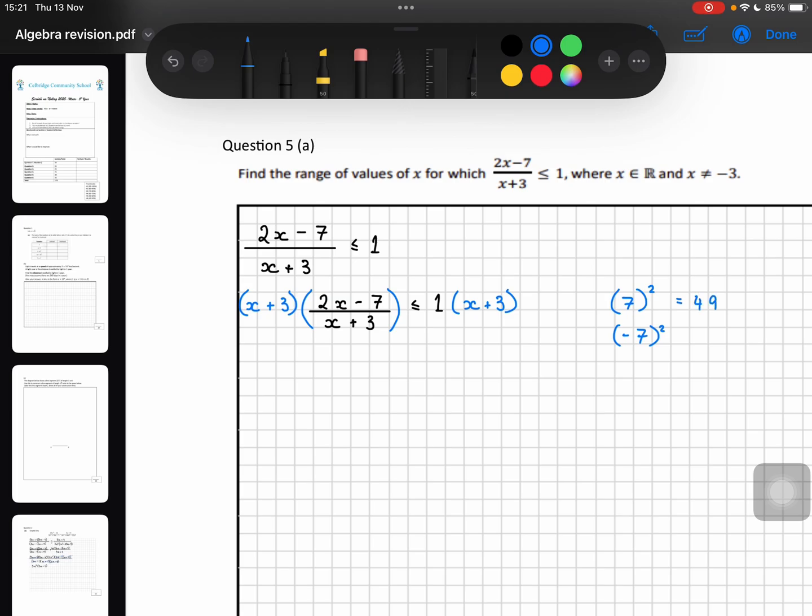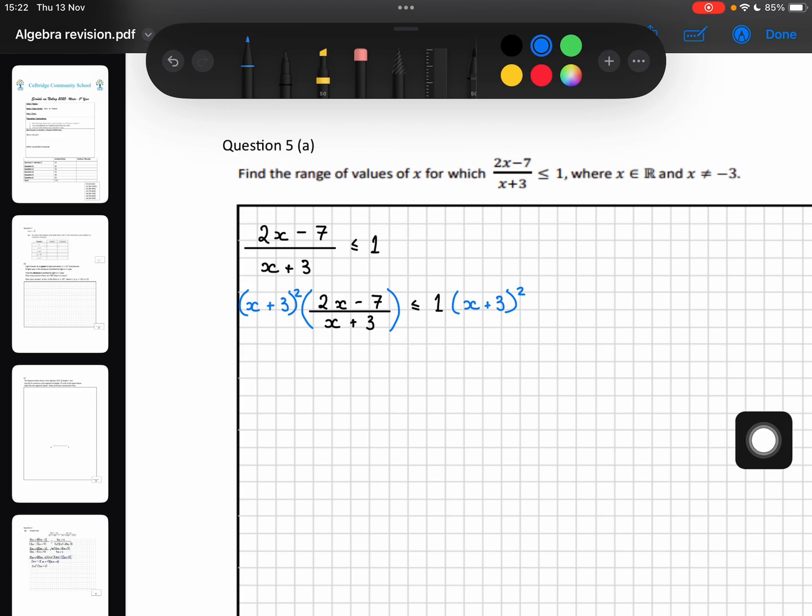Okay, so if I square what I'm multiplying across by, then I know I'm multiplying across by a positive, which means the sign stays the same direction. One of these x plus 3's that's multiplying is going to cancel with the x plus 3 that's dividing.